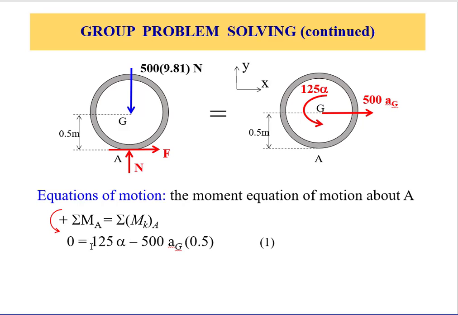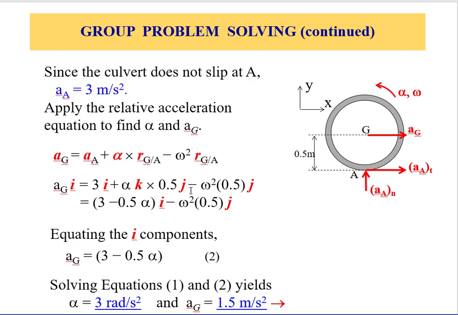So we have one equation and two unknowns. We need another equation, which will be obtained from the kinematics. Kinematics is the analysis of the motion. Now we know that this contact is the same as the bed contact of the truck, so it does have a tangential component equal to 3 meters per second squared, which is AA.